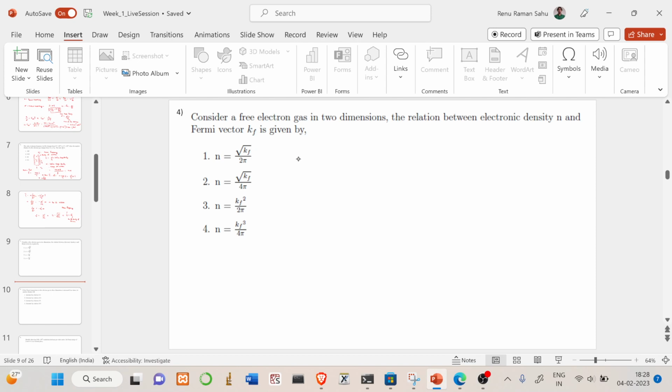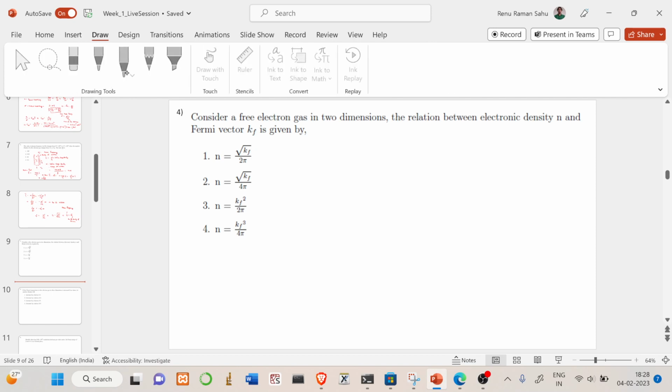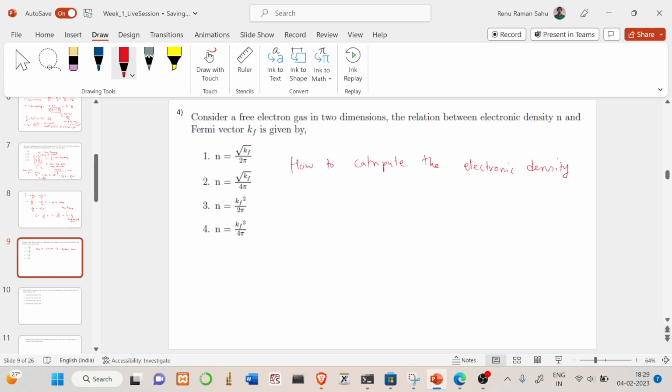So what I will tell you is how to compute the electronic density n in, let's say, 3 dimensions, and you can generalize it to 2 dimensions or any other lower dimension, and then you can find this yourself.